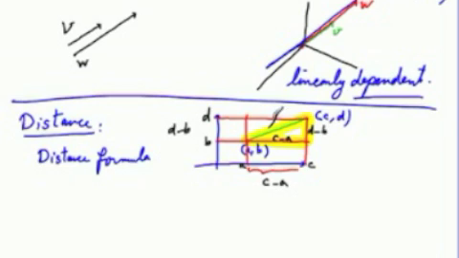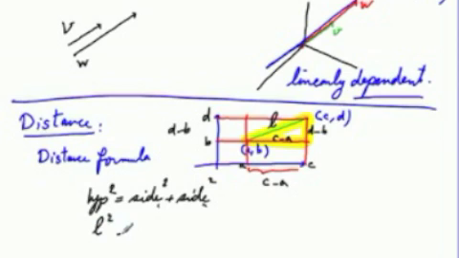Let's call that L. Pythagorean formula says what? Hypotenuse squared is equal to one side squared plus the other side squared. So hypotenuse squared is equal to one leg, which is C minus A squared, plus D minus B squared. Well, that was simple enough.